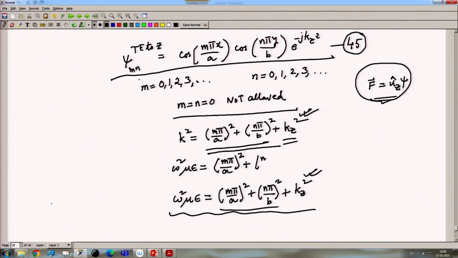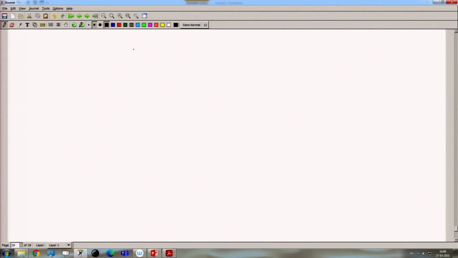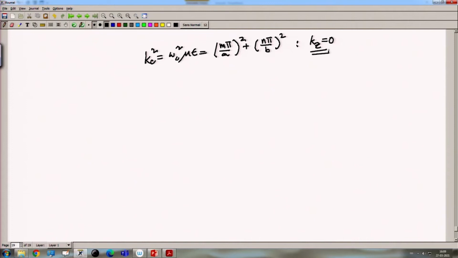So, we write k c square equal to omega c square mu epsilon, that is equal to m pi by a whole square plus n pi by b whole square, corresponding to the case k z equal to 0.